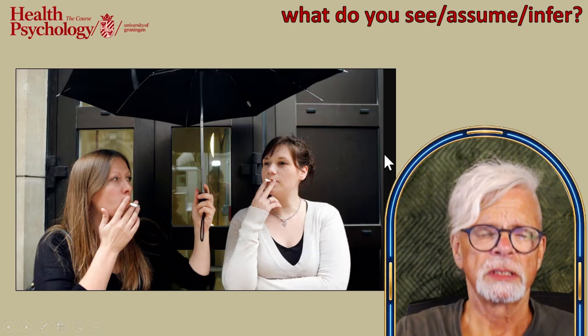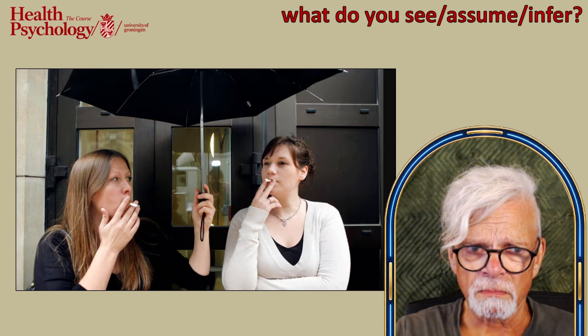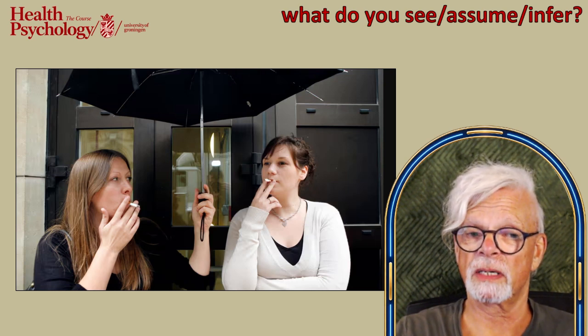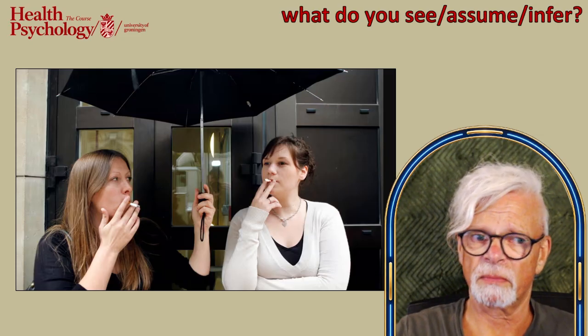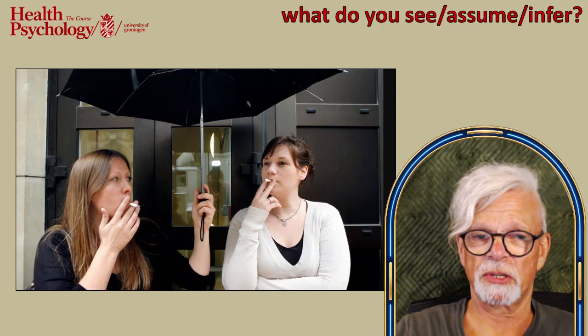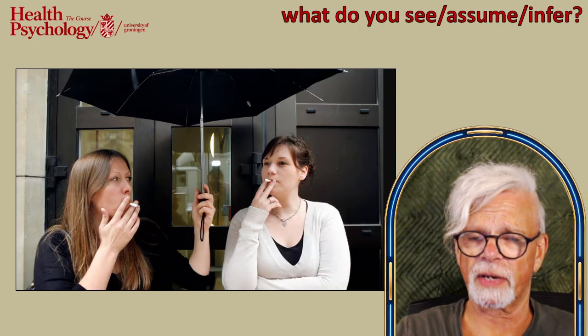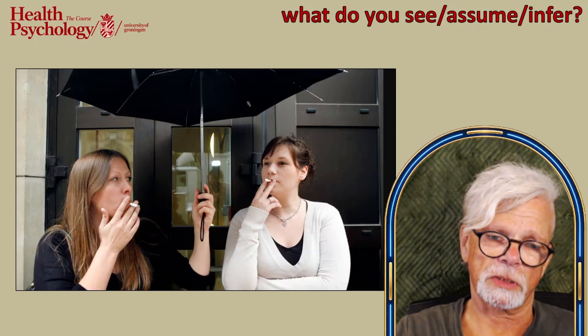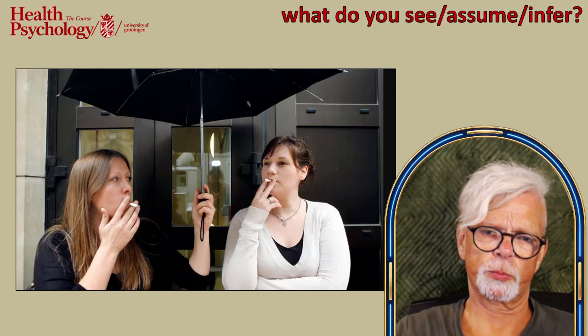I see two people. They look like women. They smoke cigarettes. I assume that they inhale. They are standing outside because they have an umbrella, and I assume that umbrella is not for the sun but for the rain. At least, they are outside. So those are most things that we see.